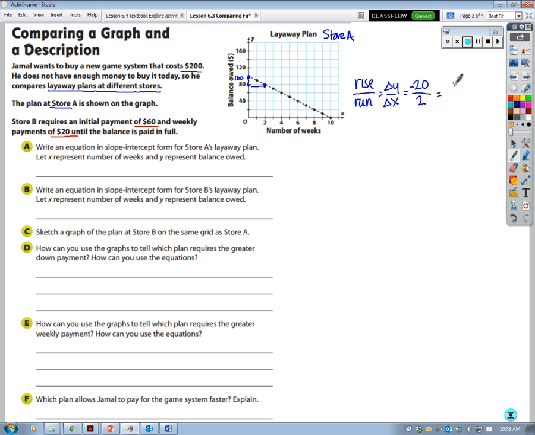So if we simplify that, that would be $10 per week. So the payment plan, or the rate of change for this one, is $10 per week. So M, in this case, is 10. So he has to pay $10 per week with store A.